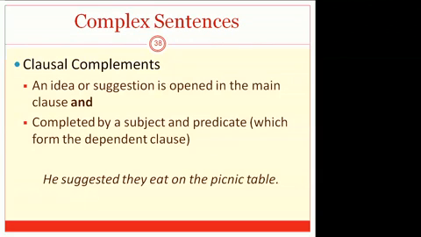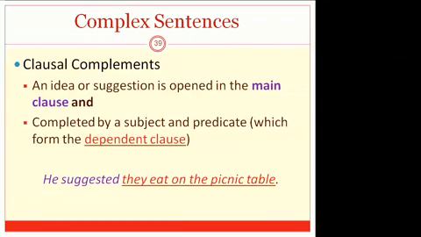So for instance, he suggested they eat on the picnic table is a clausal complement. The main clause is shown in purple. He suggested. That opens up an idea, the suggestion.